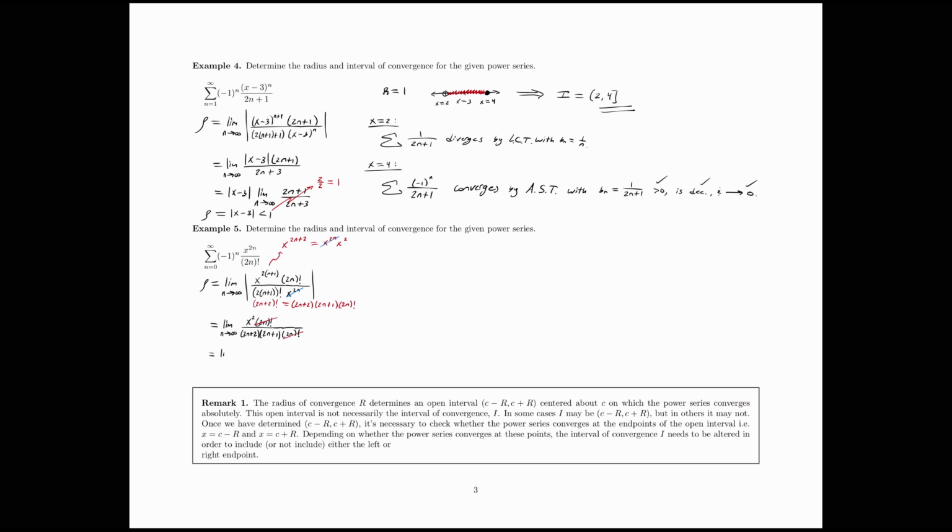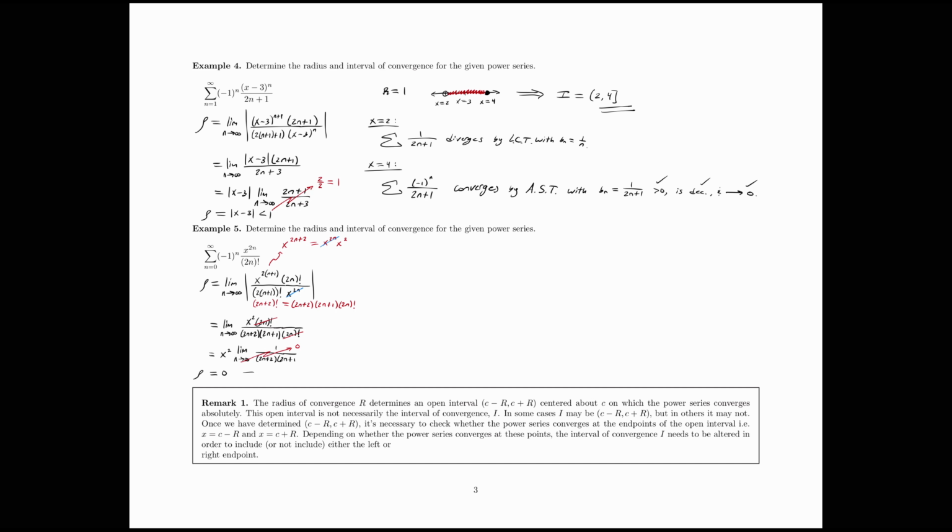All right, so what we have now, we can factor out that x squared. So we have x squared times the limit as n goes to infinity of 1 over 2n plus 2 times 2n plus 1, which this limit is just 0. So then we have 0 times x squared, which is 0.